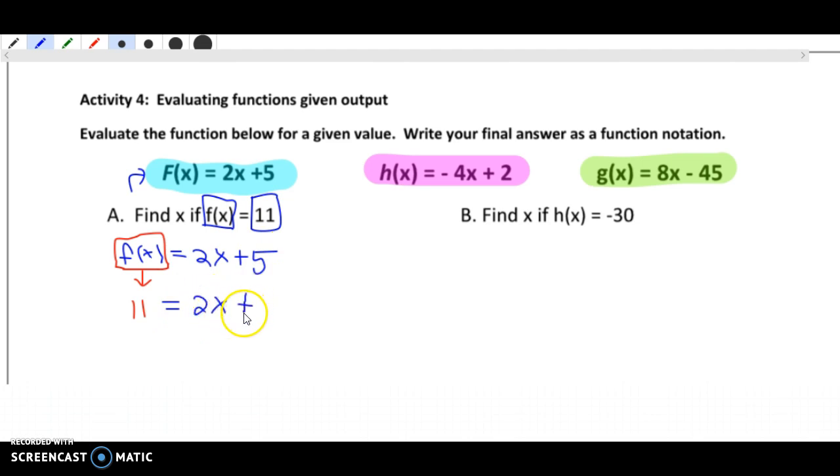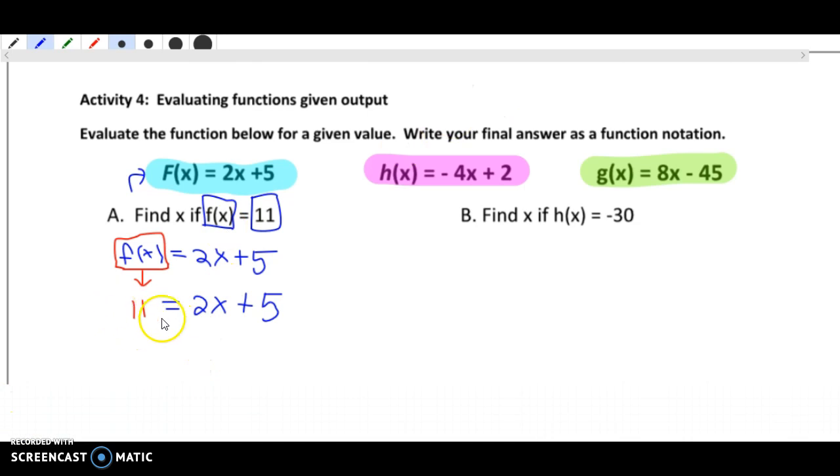Now you actually have to understand when to replace what variable. In the previous example, we were given the input, so we were replacing the x with the input. And here we have the output, f of x is equal to 11, so we're replacing f of x with 11. And that's something you're going to have to keep in mind. So again, understand the notation.